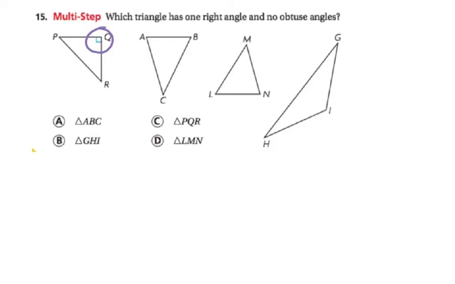Now we know we can't have any obtuse angles in there because 180 minus 90 is 90. So if I take that right angle, I can't have an angle that's larger than 90 also. So triangle PQR is going to be the one that is the right triangle with no obtuse angles. And they put that symbol that told us this is a right angle.